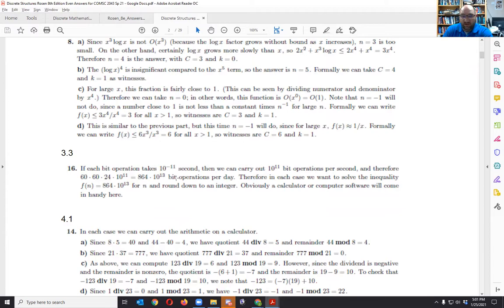Therefore, operations per day: 10 billion operations, almost 11 billion, times 864, so that's 86 trillion operations per day. Therefore, in each case we want to solve the inequality for n and round down to an integer. Obviously, a calculator or computer software will come in handy here.